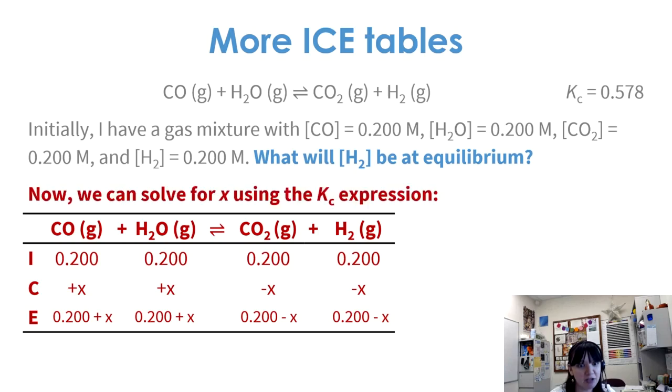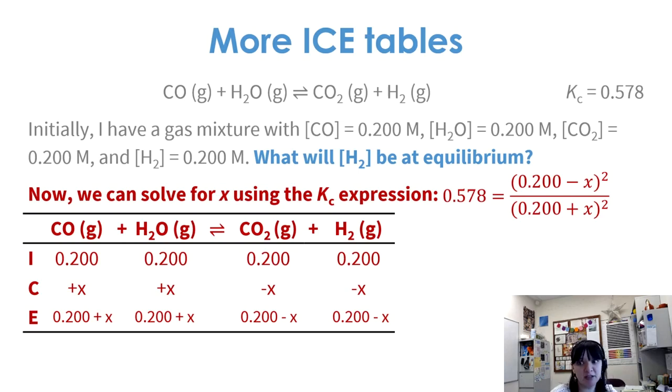Now finally, I want to solve for X itself. I'm going to solve that using my equilibrium constant and the expression that goes with it. So the equilibrium constant again is 0.578. This should be equal to the concentration of CO2 times the concentration of H2 divided by the concentration of CO and the concentration of H2O.